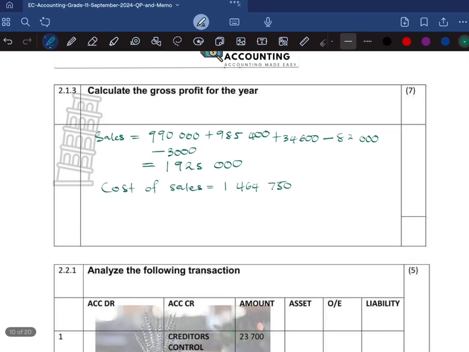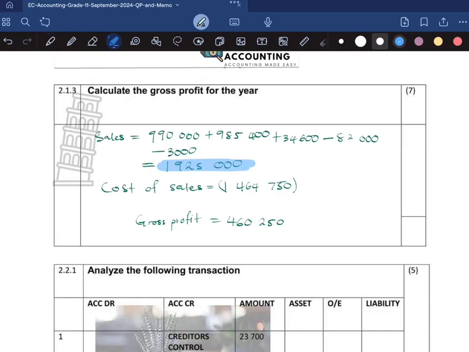Then it's going to be negative, and then you just simply subtract cost of sales there, and our gross profit is equal to 460,250. Right, so let's highlight these amounts.